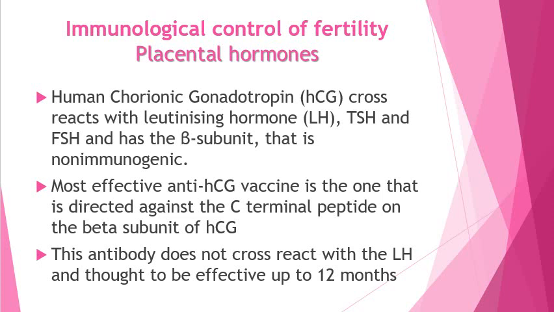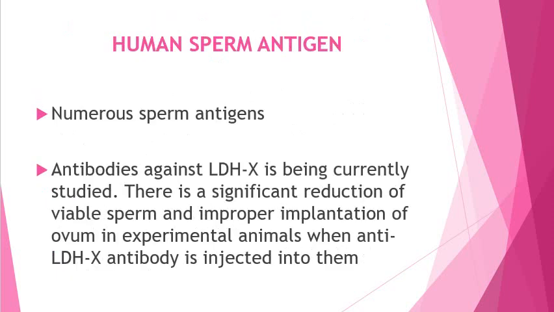Many anti-HCG vaccines are available, but the most effective is the one directed against the C-terminal peptide on the beta subunit of HCG. This antibody does not cross-react with LH and is thought to be effective for up to 12 months.